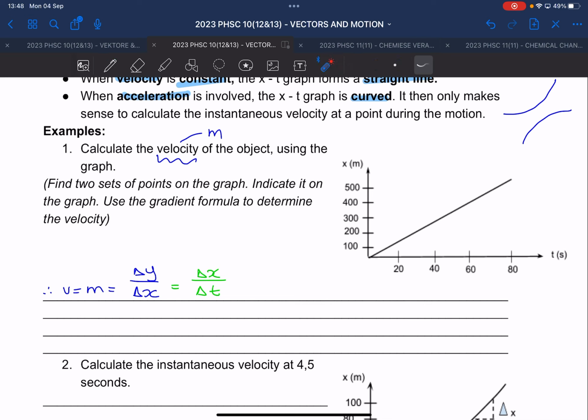We need 2 points on this graph. Now I actually need to find that. Okay, this is obviously my skill on the computer. So my aim was that at 60, it is directly over 400.